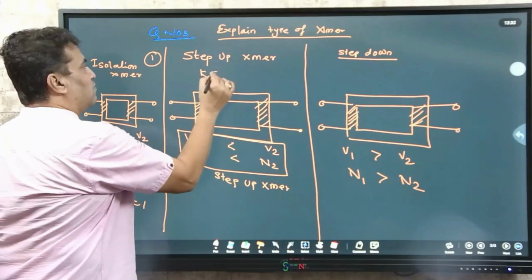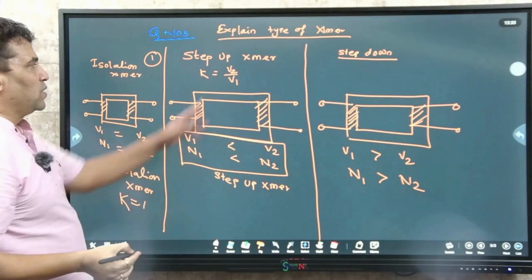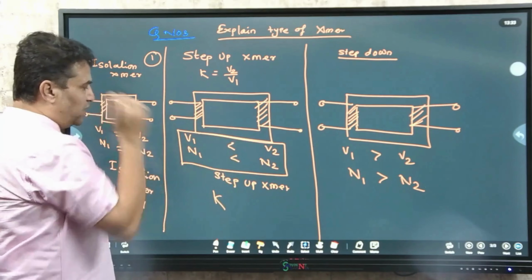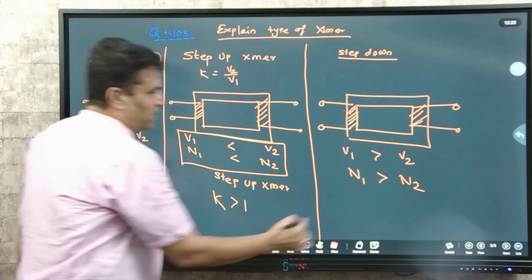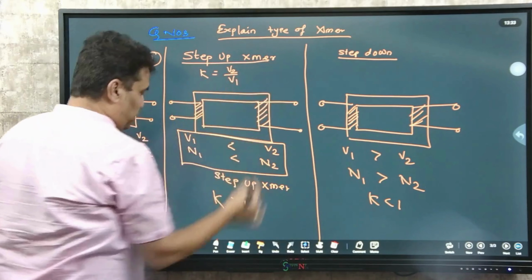What is K generally? K is basically V2 by V1, output voltage by input voltage. So here in the step-up, V2 is greater than V1, meaning K is greater than 1, and in the step-down, K is less than 1. So these are the three types of transformer you have to explain.